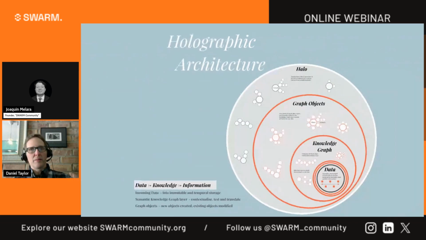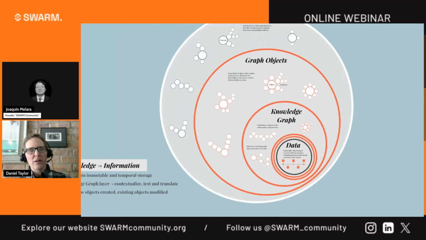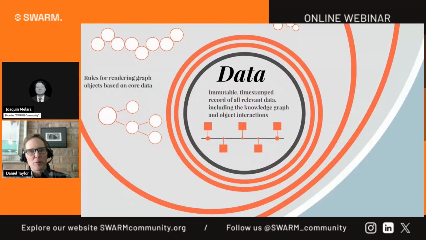With all that in mind, this is a holograph. It's not a product, it's an idea or a set of ideas that can be used to build a coherent, harmonized system that has both flexibility and integrity. At the core of the holograph is a data repository, a permanent record in which both raw and semantic and structural data are saved, with notes about where they came from, when changes were made, when we acquired them.